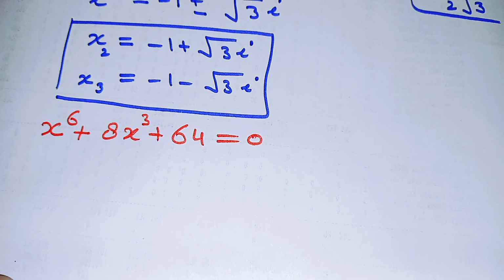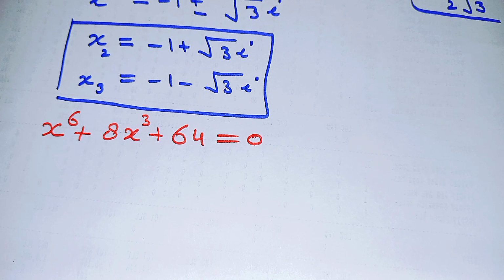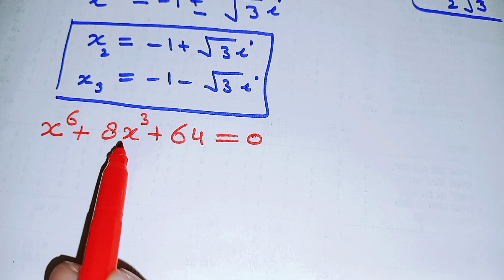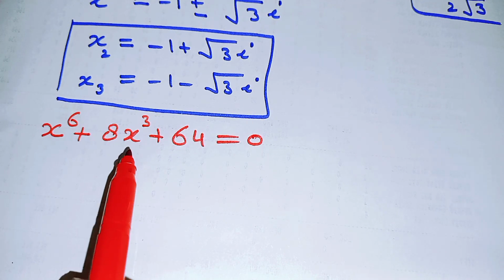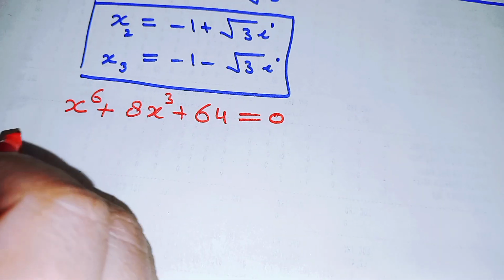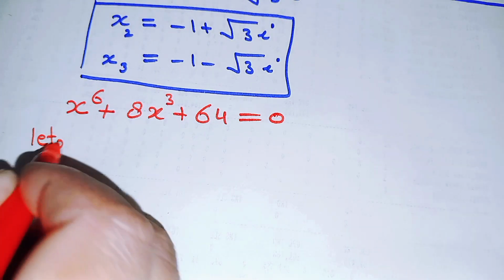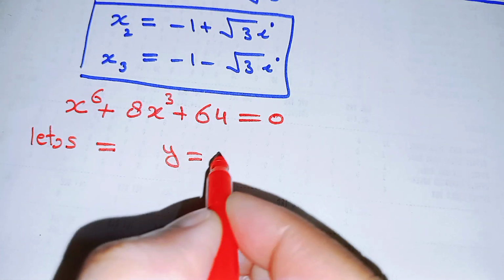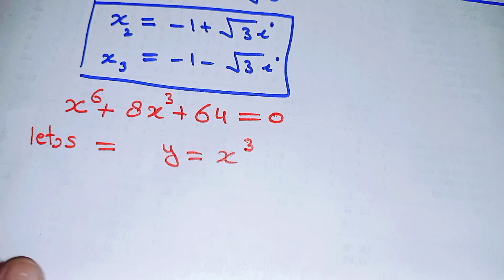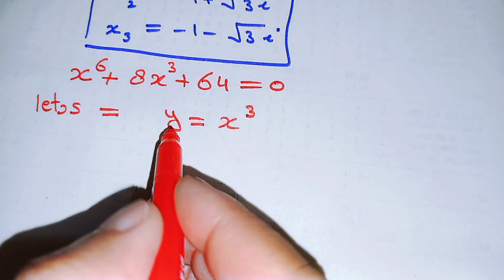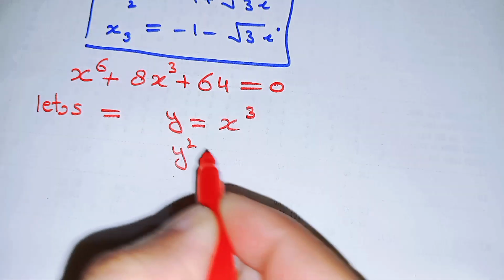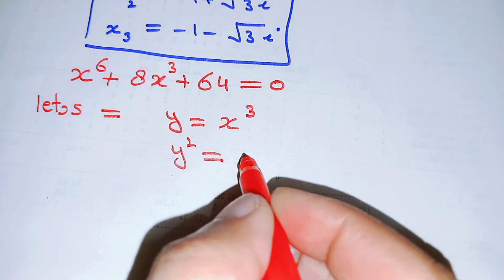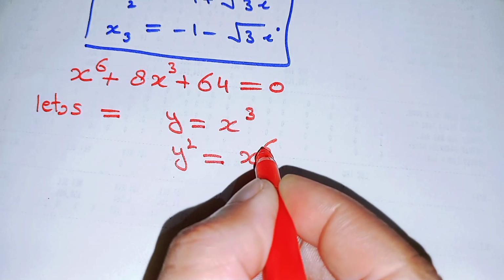Again this is a sixth degree polynomial equation, so we are expected to find six roots from this equation. Here let y be equal to x cube, and squaring this, y square is equal to x cube squared, which is x to the power of 6.